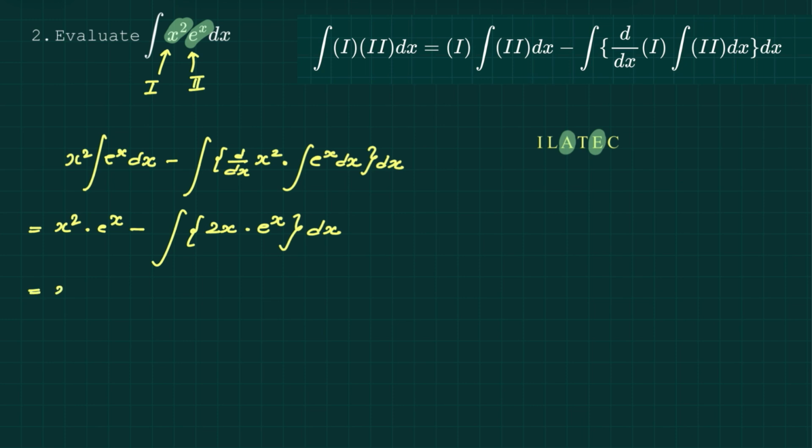This equals x square into e to the power x minus 2, which is constant, integration of x into e to the power x dx. Now we will be using integration by parts again here, because again there are two functions getting multiplied, that is x and e to the power x.